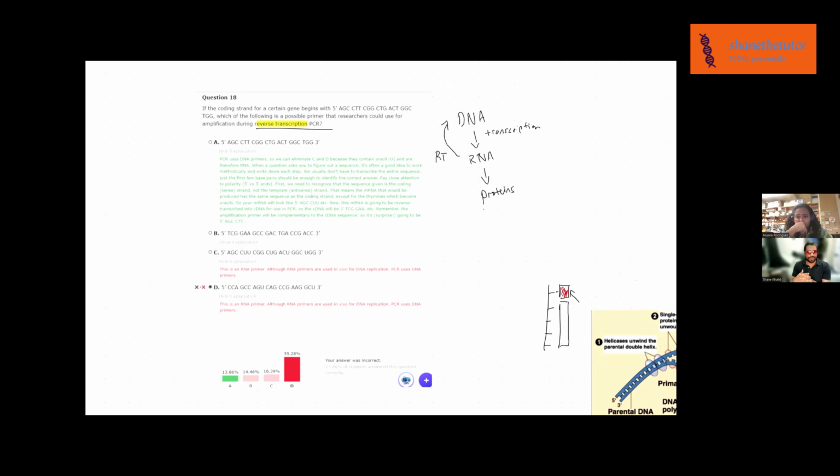So now in terms of PCR, if we're doing regular PCR, you're going to be doing DNA primers. But especially for reverse transcriptase PCR, since you're turning RNA into DNA or into cDNA, your primer will have to be composed of DNA.